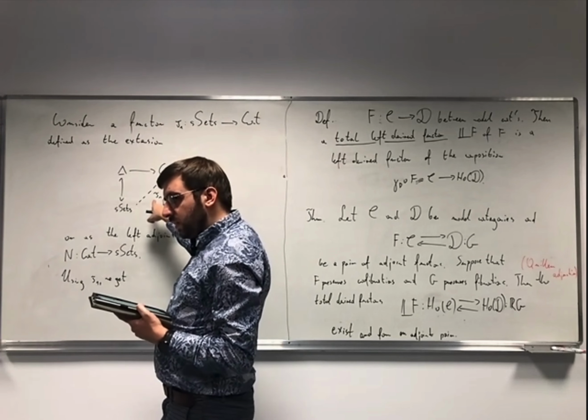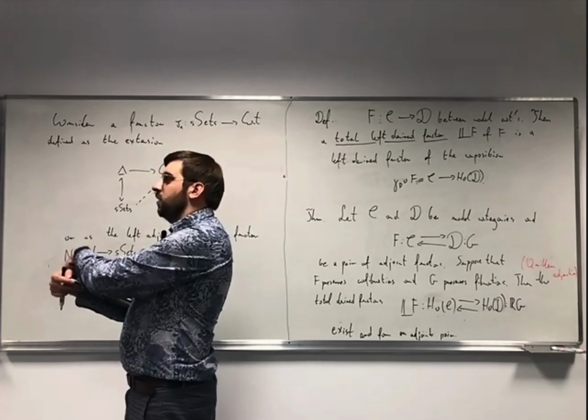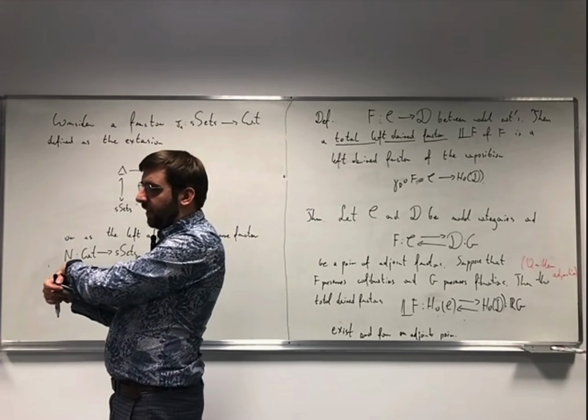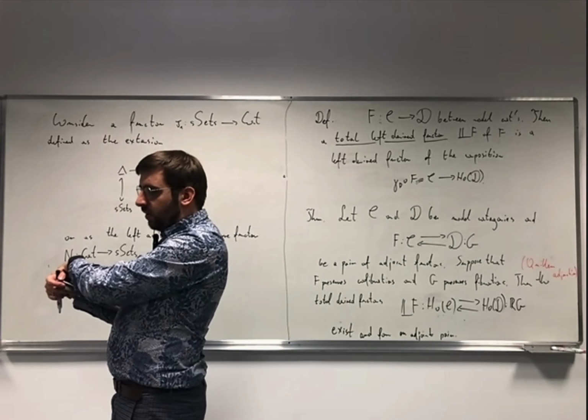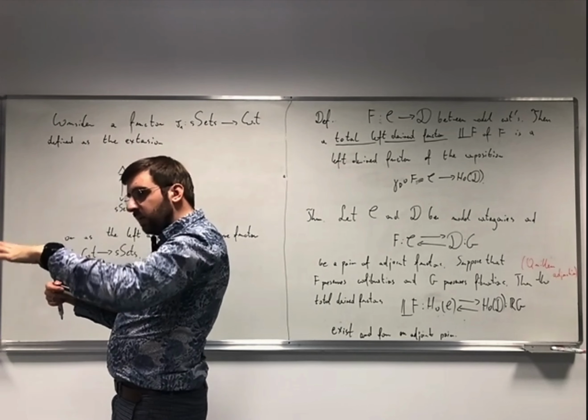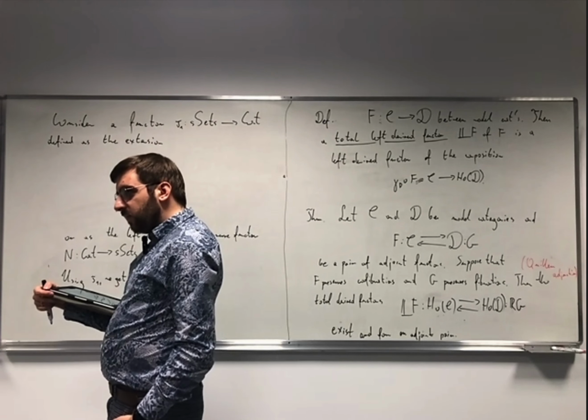Yes, I will describe it in a moment. Well, the idea is rather simple. So you look at the graph. So you take only 0-simplices and 1-simplices. So this will give you a graph. A free category, yeah.